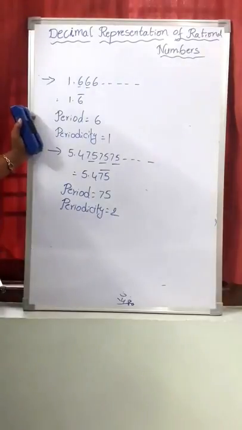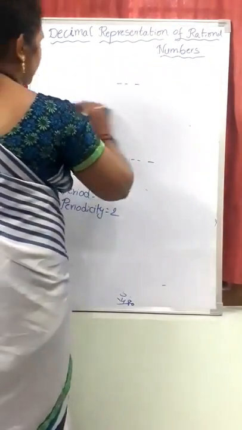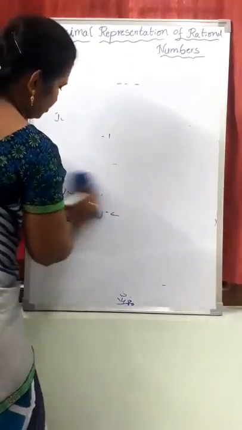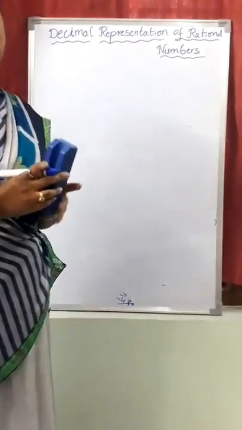Okay, understood the concept? How to find out the period and periodicity of these recurring decimals? Now let us recollect what topics we have discussed today. We have discussed how to convert the given rational number into decimal form.